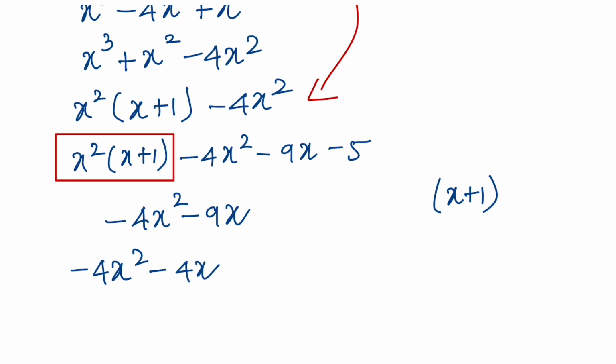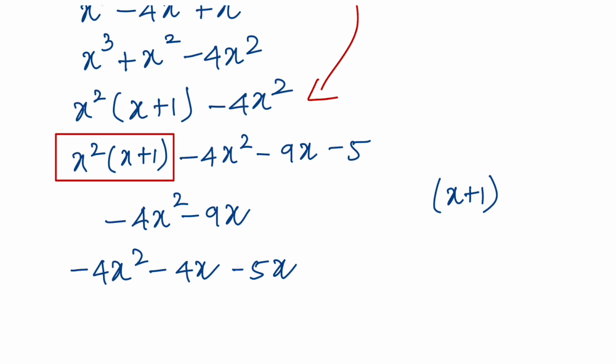When you take minus 4x out of minus 4x, it becomes 1, and 1 is what we want because that is x plus 1. So you are just rewriting this minus 9x as minus 4x and minus 5x. Okay, now from the first two terms we have expressed this as these three terms. Okay, we have just split this minus 9x into minus 4x and minus 5x.